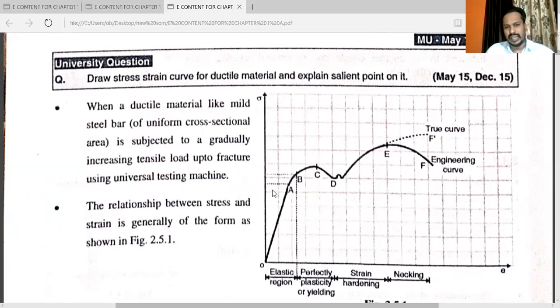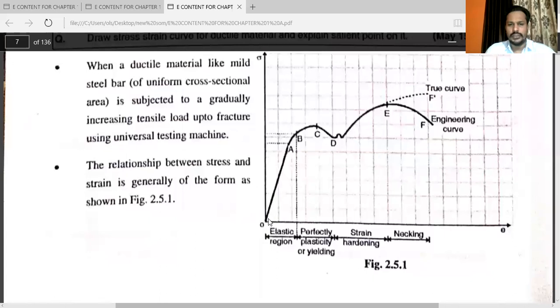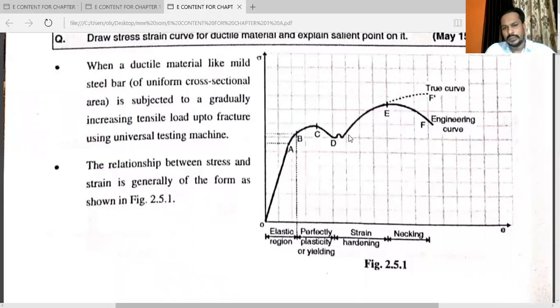You will get this type of curve for ductile material like a mild steel bar. Once again, you have to see origin point to A, A to B, B to C, C to D, D to E, E to F, and here E to F dash.